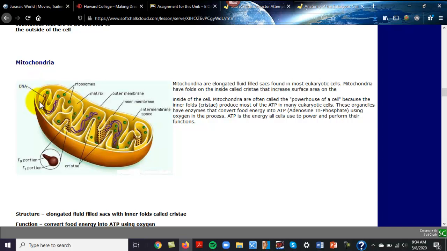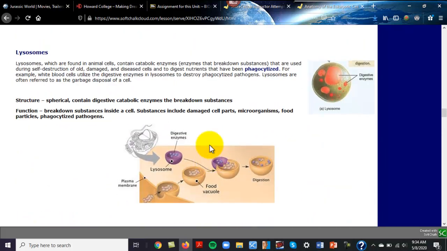And the whole process occurs along this pathway. We'll talk about that a little more later. It's called the Krebs cycle and the electron transport chain. The electron transport chain occurs inside of the mitochondria, and so does the Krebs cycle. But anyway, they're powerhouses. They make energy in ATP.